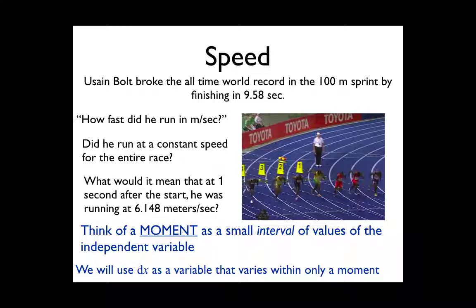So for the first millionth of a second, here's what his rate of change was. How far did he run during that first millionth of a second? Then the second millionth of a second, and the third millionth of a second, and so on, and append those all together to find total distance accumulated. It's just different rates for each interval potentially, but the same process all the time.